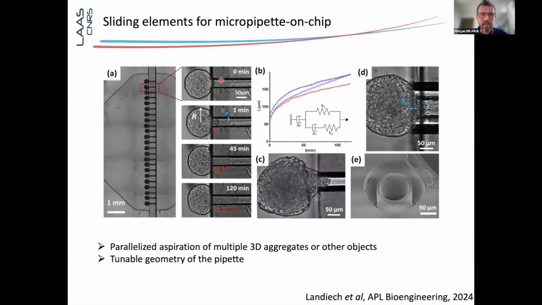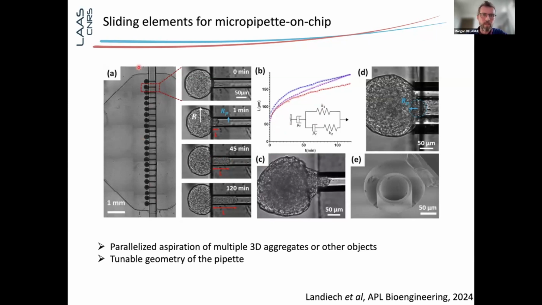The idea is that you trap this object in front of a cylinder, then you create a difference in pressure, and that object is aspirated. Based on the dynamics of aspiration of what we call the tongue inside this micropipette, you can extract its elasticity, its viscosity, and all sorts of rheological parameters.